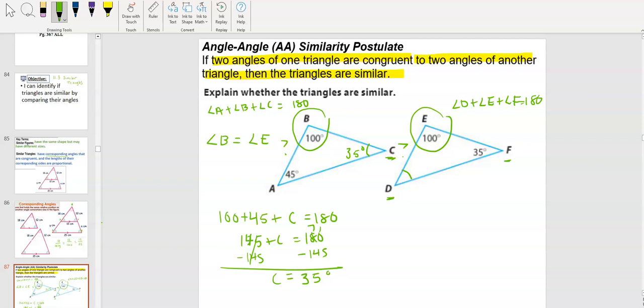And at this point, I could stop because B and E are congruent and C and F are congruent. I know that yes, the triangles are similar.